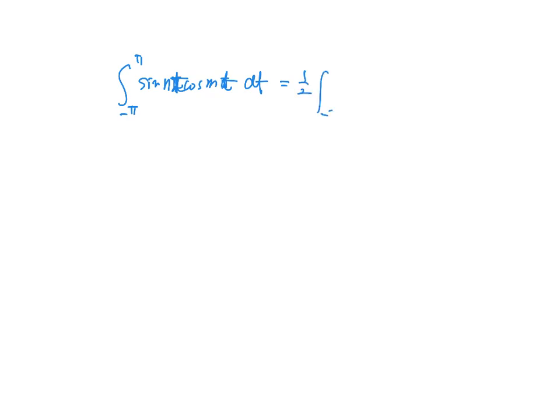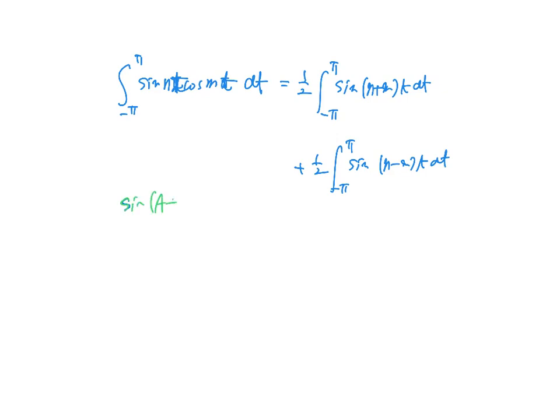1/2 the integral of sine (n plus m)t dt plus the integral of sine (n minus m)t dt. So it can be seen as the following.